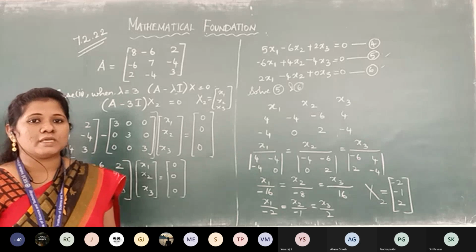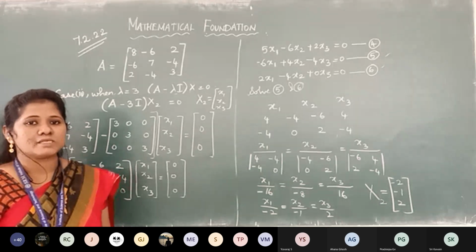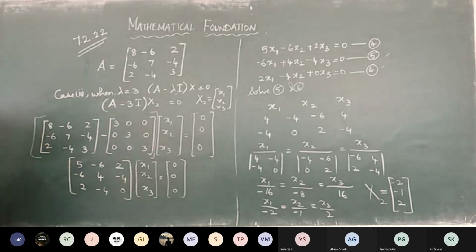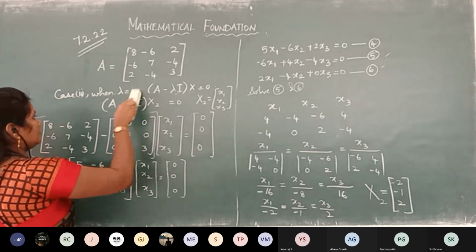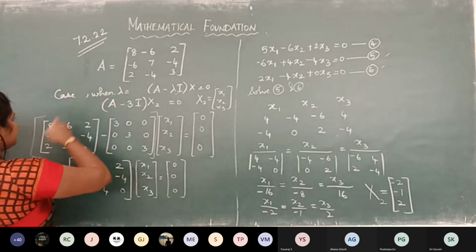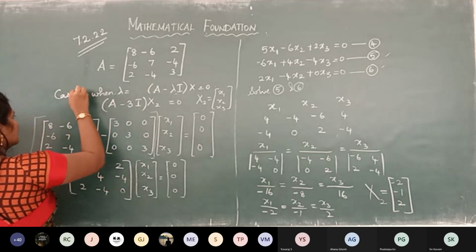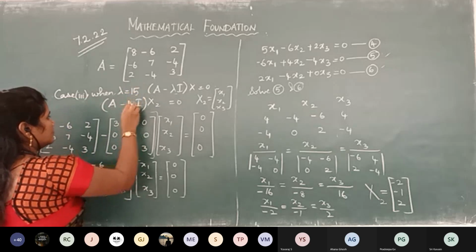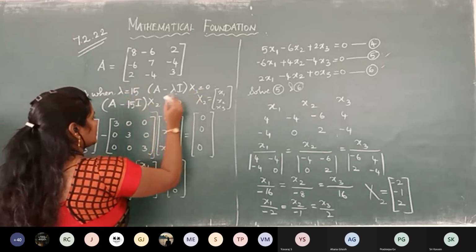Next step is to find out your case 3. For case 3, lambda is equal to 15, you have to find out.